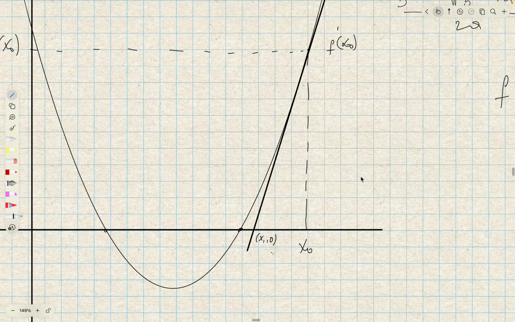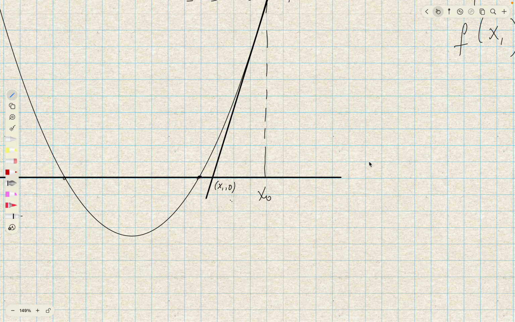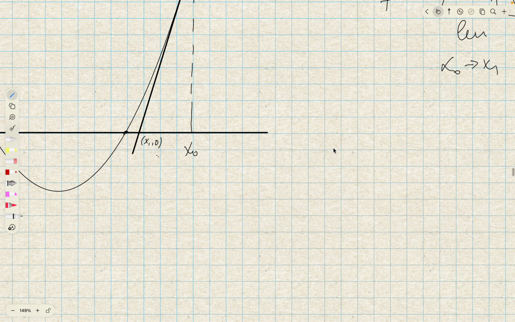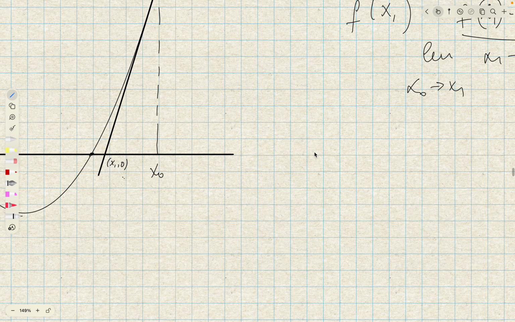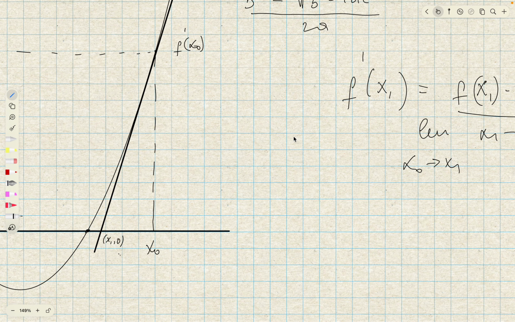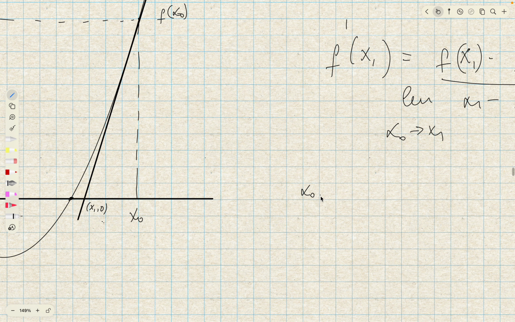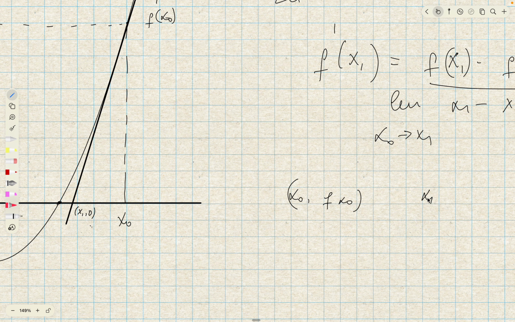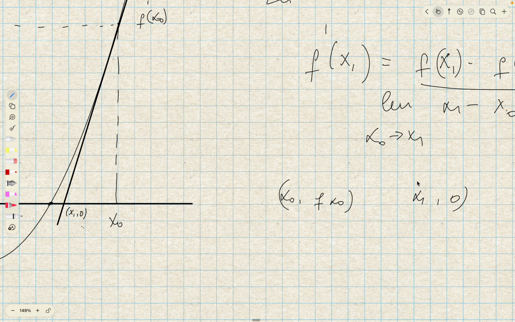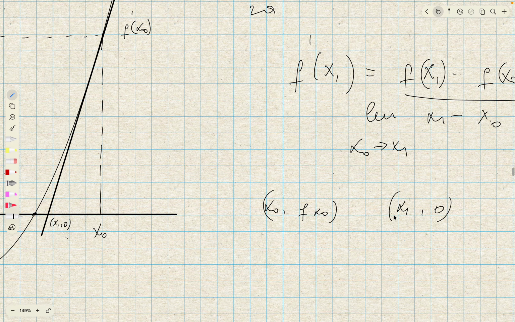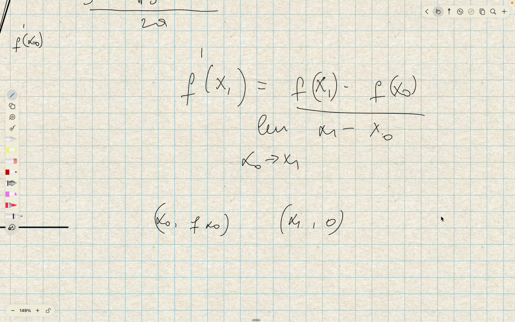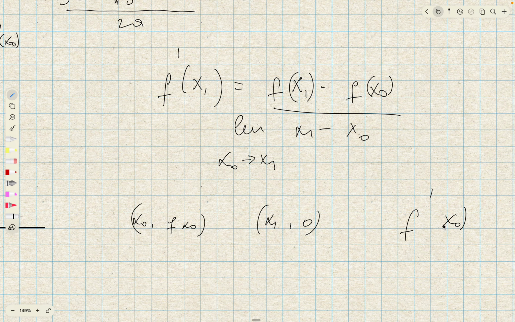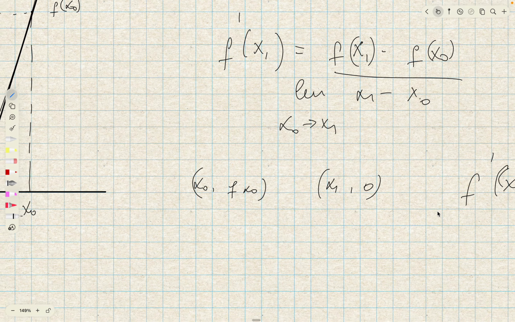So we have a line that we know passes through the points x0, f(x0), and x1, 0. And we also know that the slope of this line is f'(x0), the derivative of f at x0.